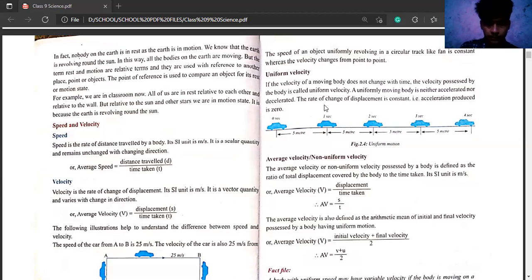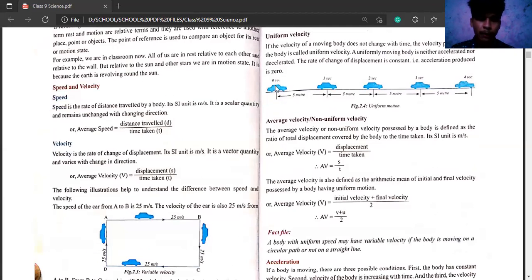Just for example, here in the first condition, while going from the first point to the second point, it has traveled 5 meters. So calculate the velocity. How much will be the velocity while going from the first to the second position?